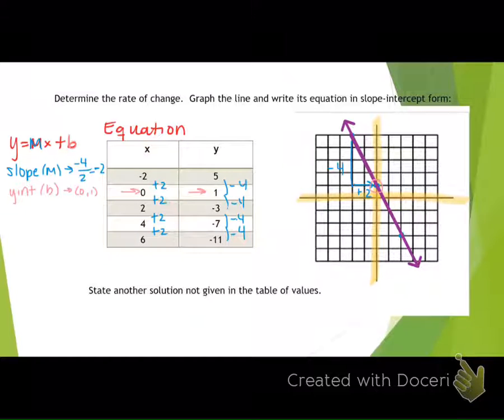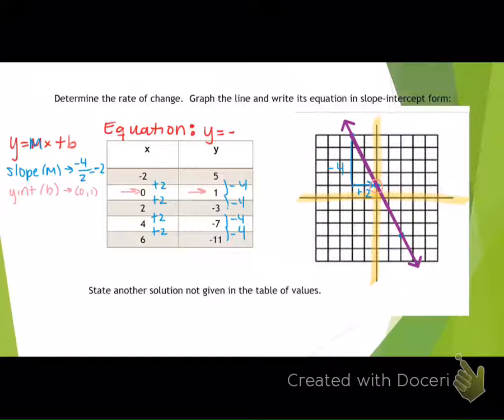Jacob, what's my equation then? What's your slope? Because it's mx plus b, so slope is? No, it's not negative 1. There you go.